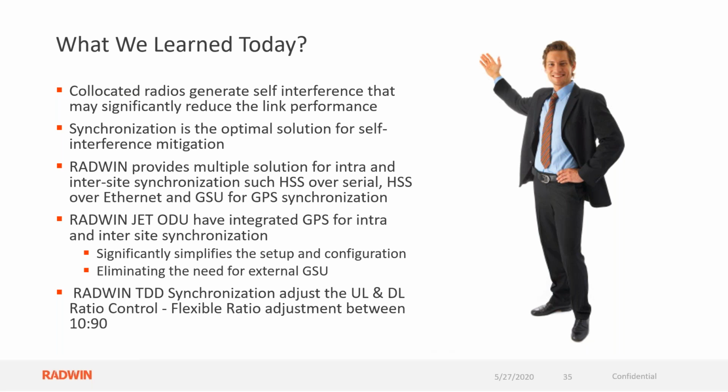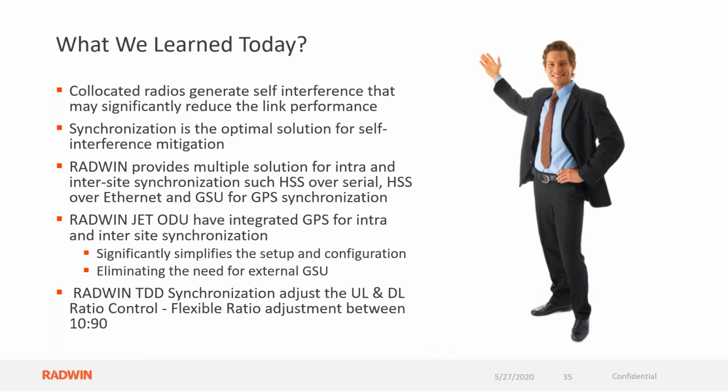RADWIN provides multiple solutions for intra and inter synchronization, such as Hub Side Sync over serial, which is the old method with an RS-232 cable, and the new, optimal method, HSS over Ethernet, and GSU for GPS synchronization. RADWIN JET radios have integrated GPS for intra and inter-site synchronization, significantly simplifying the setup and configuration and eliminating the need for an external GSU.